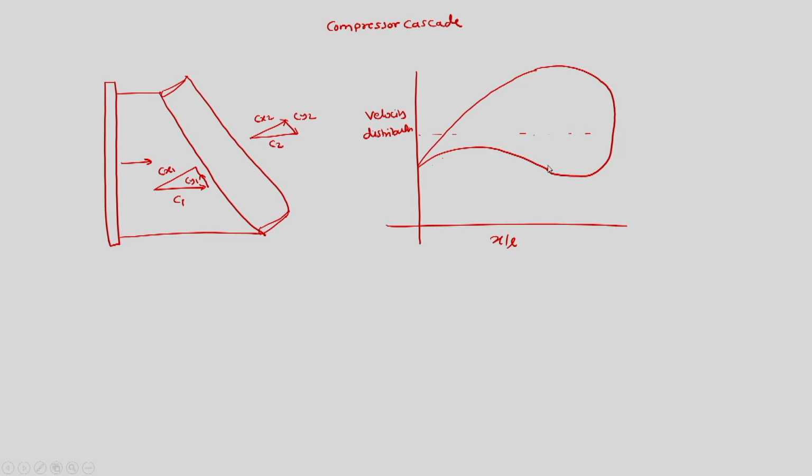This is a typical velocity distribution for suction side on top and for pressure side on bottom. Now again we will draw the angles for the cascade, which is a compressor cascade, as what we did earlier.